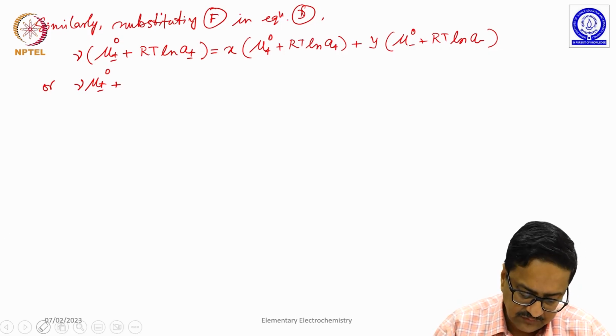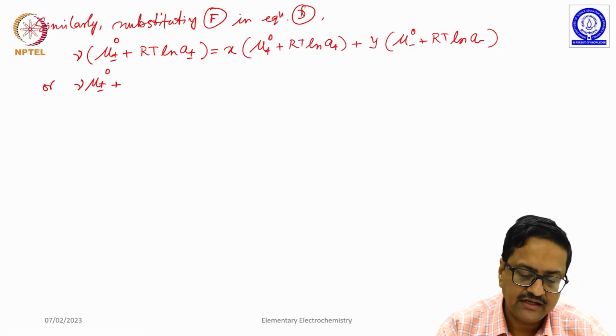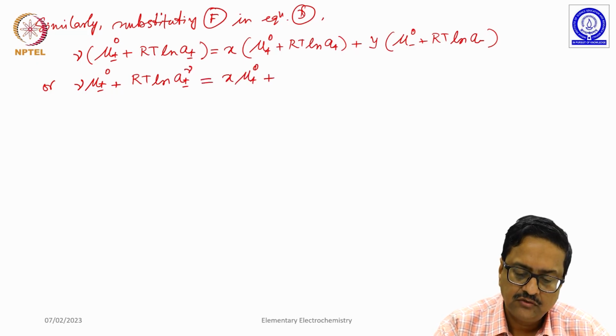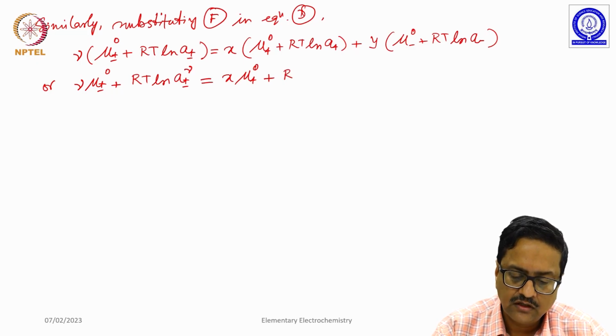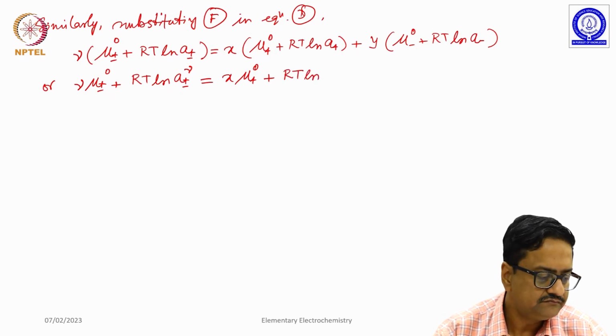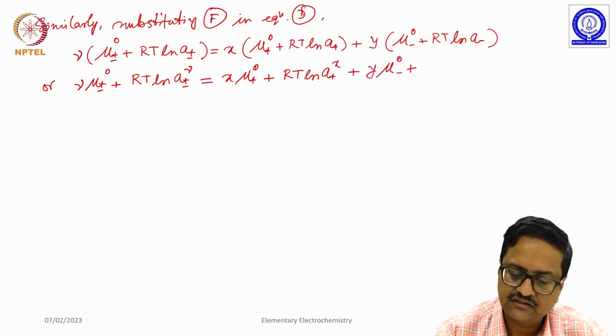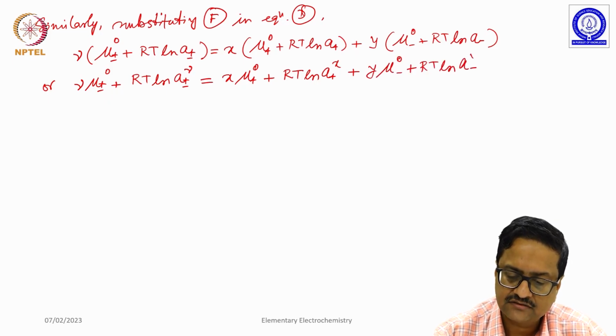When you are trying to multiply nu with RT ln A plus minus, we can write it as RT ln A plus minus to the power nu is equal to x mu plus 0 plus RT ln A plus to the power x plus y mu minus 0 plus RT ln A minus to the power y.